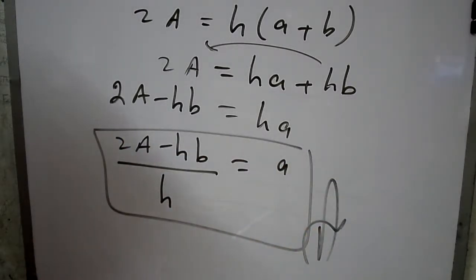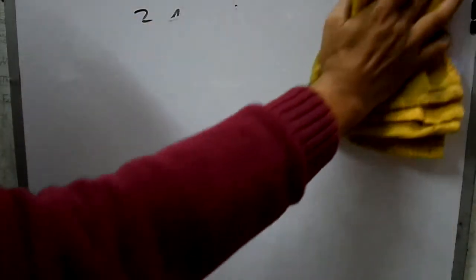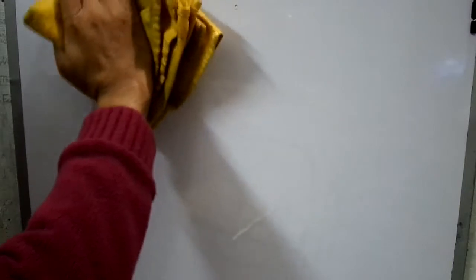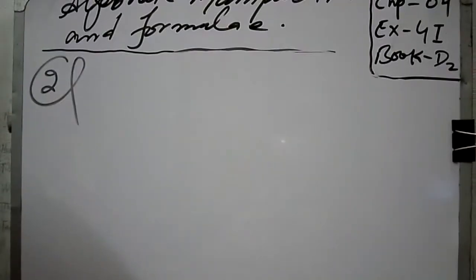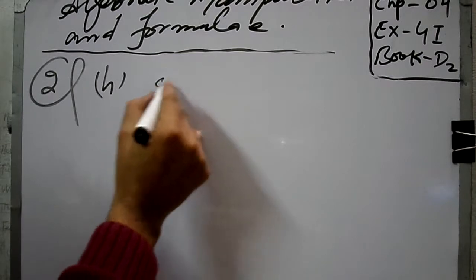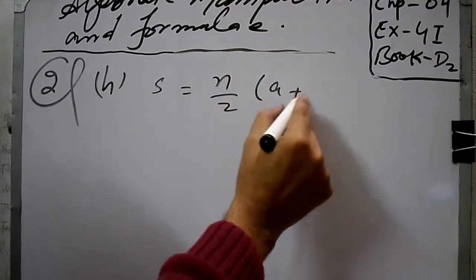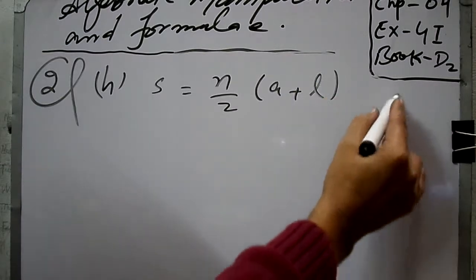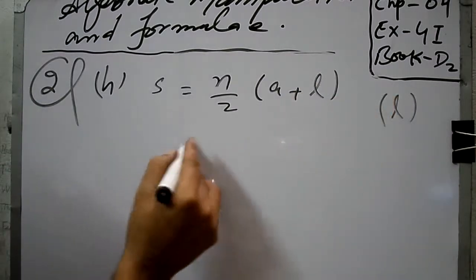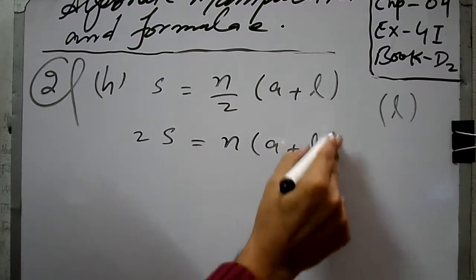Now coming to the next part, that is your H part. In H part, you have to make the subject, that is S is equal to n by 2 into (A plus L). So make L as a subject. First of all, by using cross multiplication, that is 2S is equal to n into (A plus L).